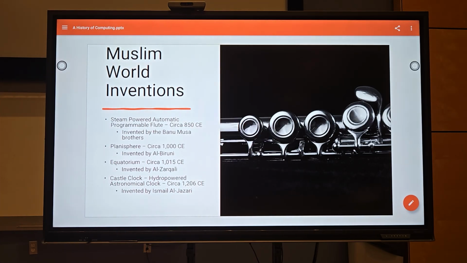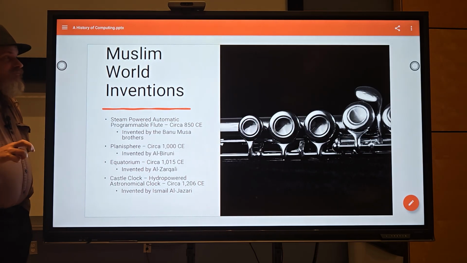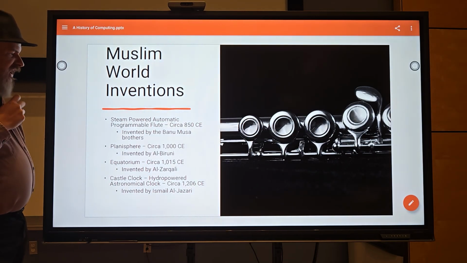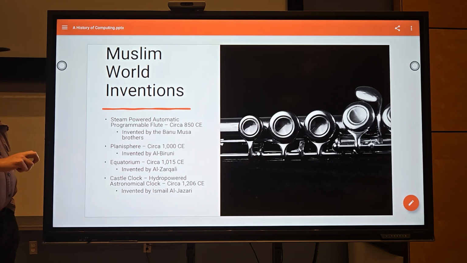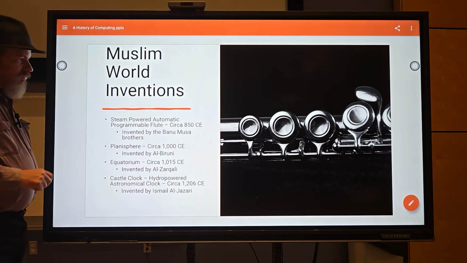I think his name was Al-Jabra. I don't remember. Algorithm is another anglicized word that was a Muslim mathematician that worked with early algorithms and processes. So we get a lot from the Muslim world as far as inventions and math-related topics.